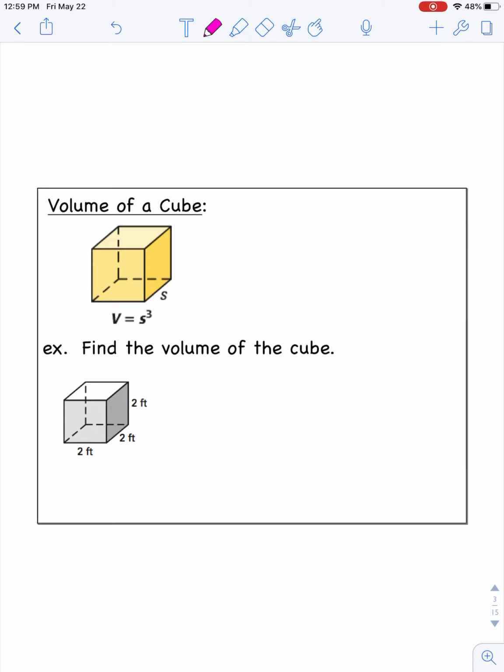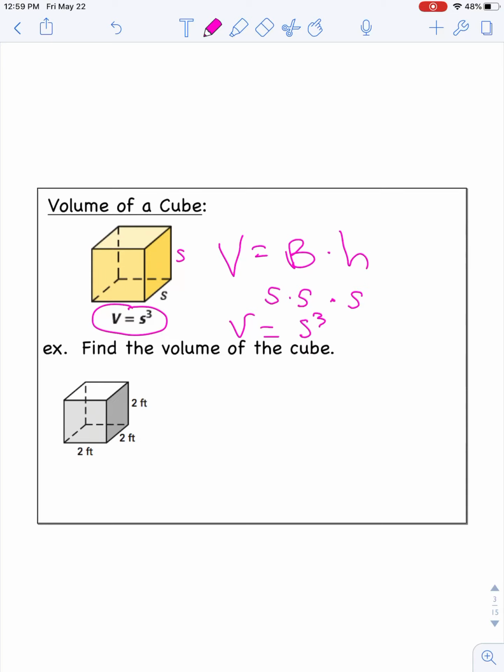So we started with volume of a cube, and we have sort of this special formula of side cubed, because when we look at volume as the area of the base times the height, since the base is a square, we're multiplying the side times the side. And since the height is the same length or dimension, we have side times side times side, or side cubed.